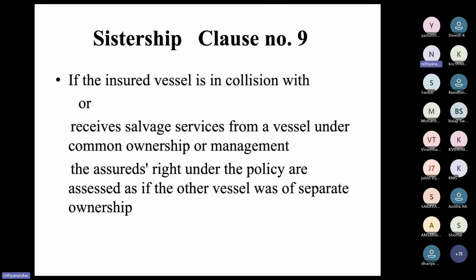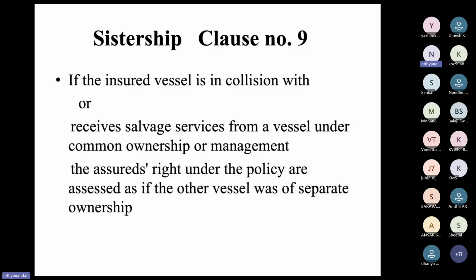Sister ship clause. When two ships A and B, belonging to two different persons, collide, forget about insurance. The ship owner of A will compensate the damages occurred to ship B. Ship B will compensate the damages happened to ship A, based on their liabilities or percentage of negligence.